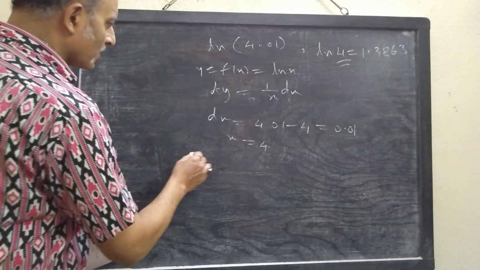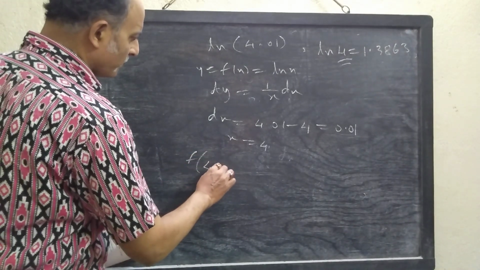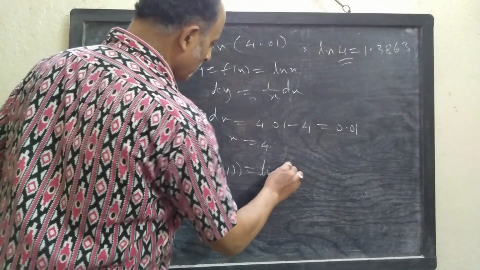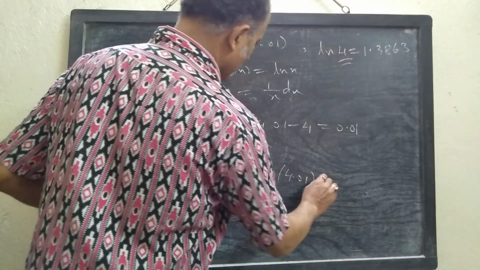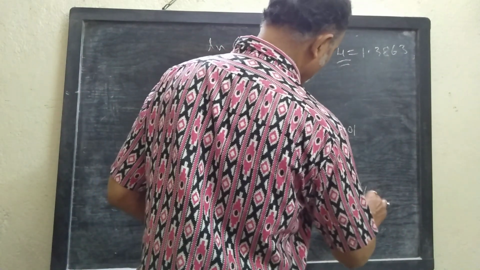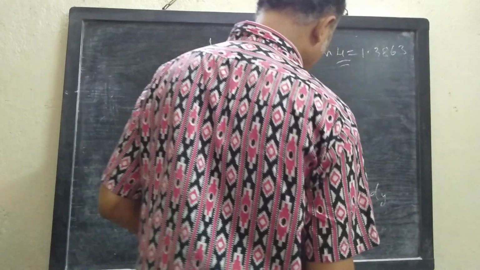Now, f of 4.01, that is your ln of 4.01. This is approximately equal to ln of 4 plus dy.